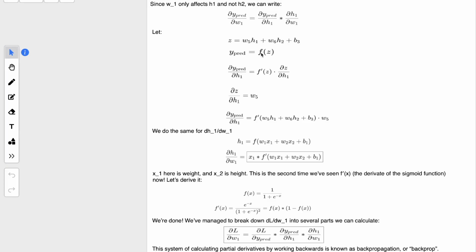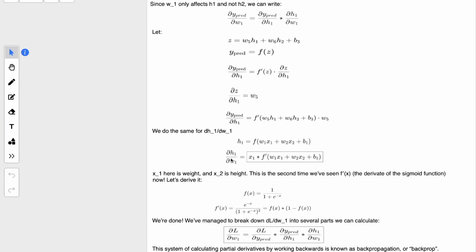We pass it to the activation function and our ypred is calculated, right? Similarly, h1 is the weighted sum of this passed into an activation function. So by the same formula that we did here, we know delta h1 by delta w1 is x1 into the derivative of this activation function with this input.